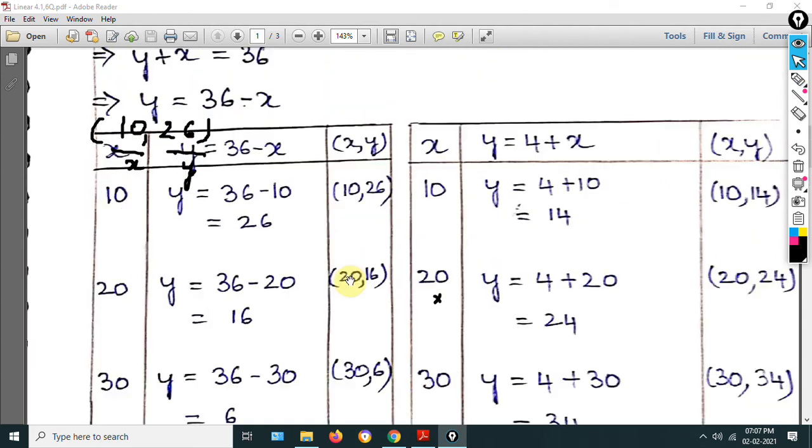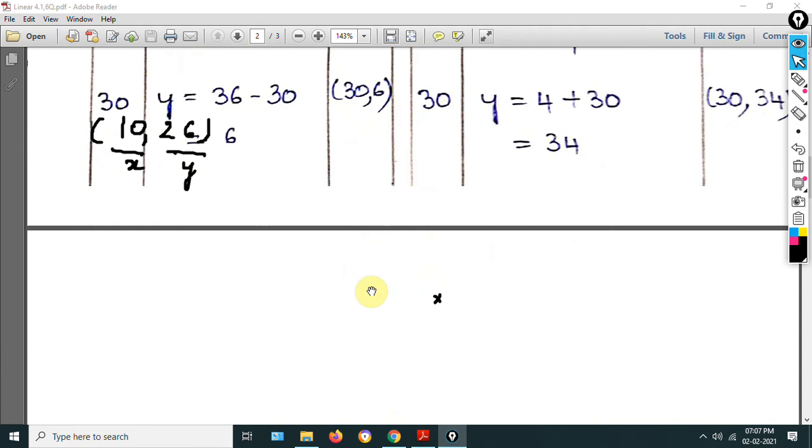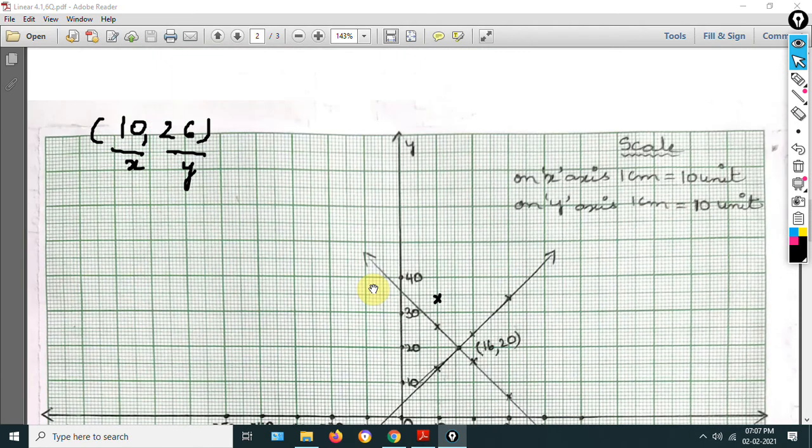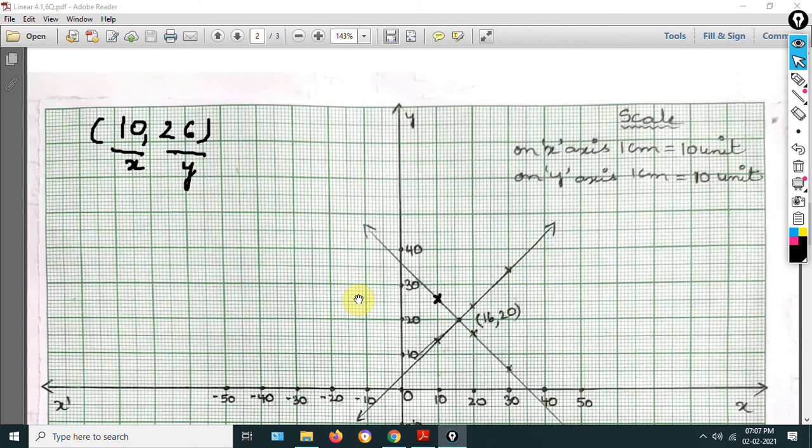Next point is how much? 20 comma 16. I will write here 20 comma 16. What is x value? 20, and y value is 16. So on x-axis where we are getting 20, here.